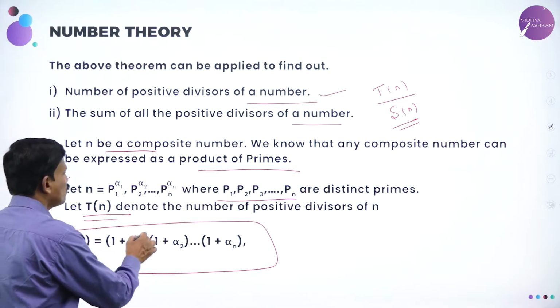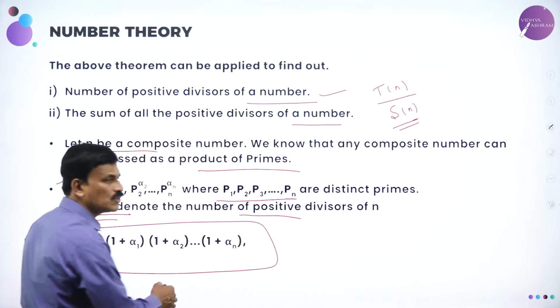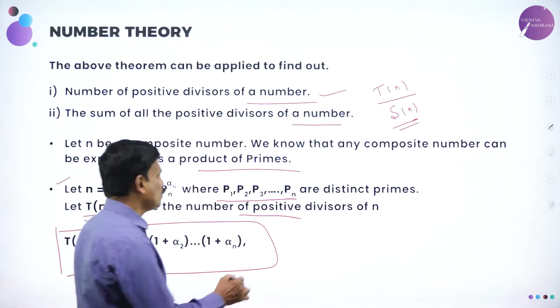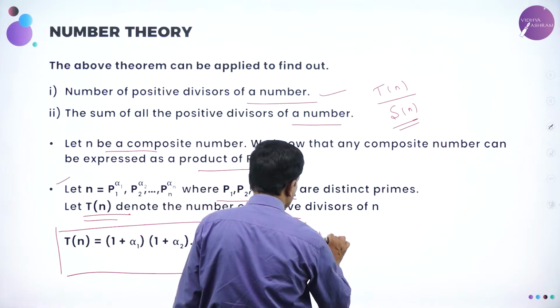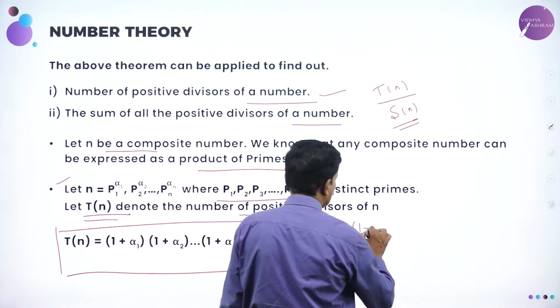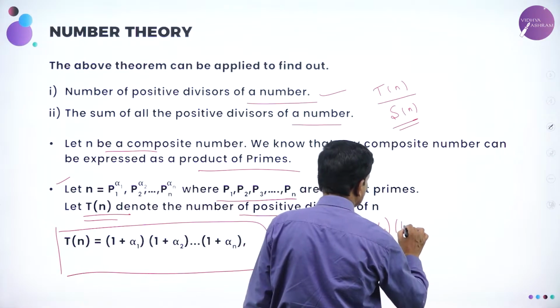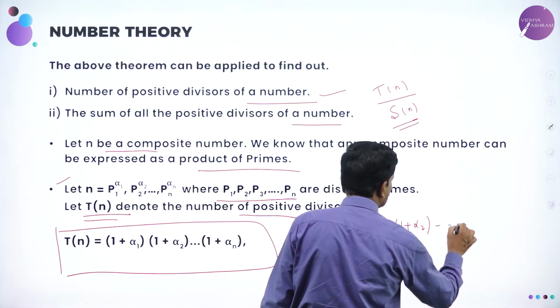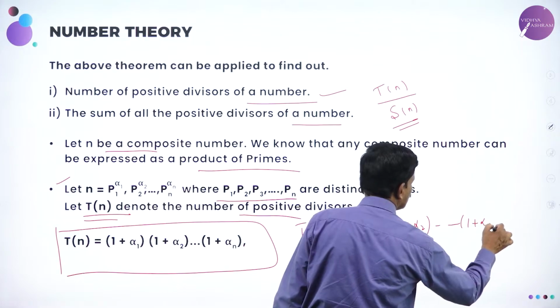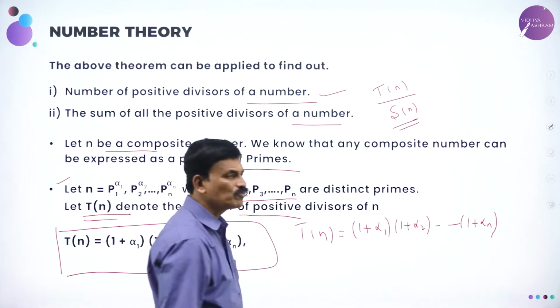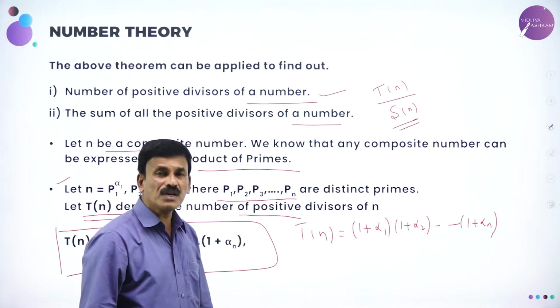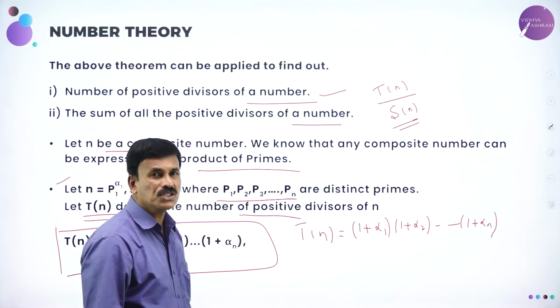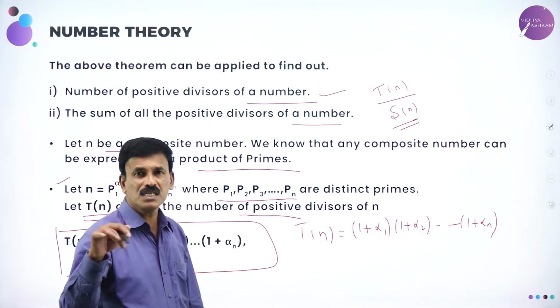So the number of positive divisors of n is denoted as T of n and is equal to 1 plus alpha 1 into 1 plus alpha 2 etc., 1 plus alpha n. That's it. Okay. Now suppose you want to find the sum of all these positive divisors, then it is denoted as S of n.